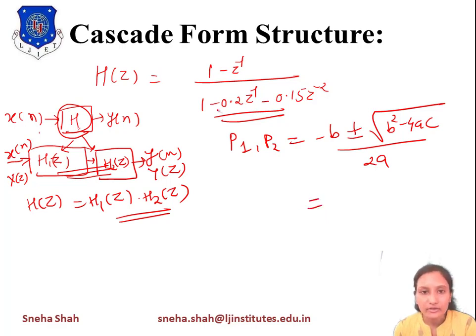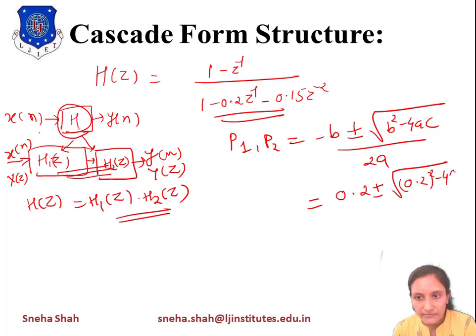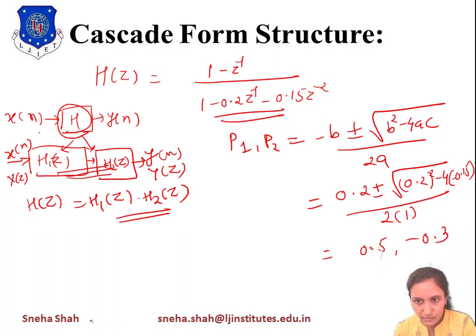Here b equals minus 0.2, a equals 1 and c equals minus 0.15. So p equals 0.2 plus or minus under root 0.2 square minus 4 into 1 into minus 0.15, divided by 2 into 1. Simplifying this, the answer is 0.5 and the second root is minus 0.3.